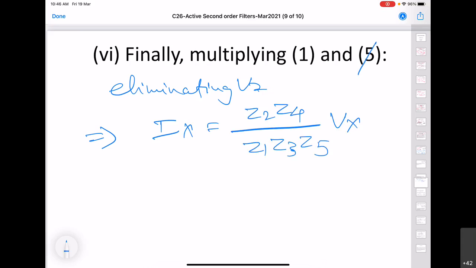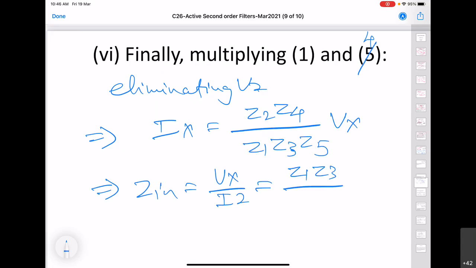So this is not 5, but this is going to be actually 4. So from here we find that Zin is Vx by Ix is equal to Z1, Z3, Z2, Z4 into Z5. So the input impedance will be dependent upon all the 5 impedances in this fashion.